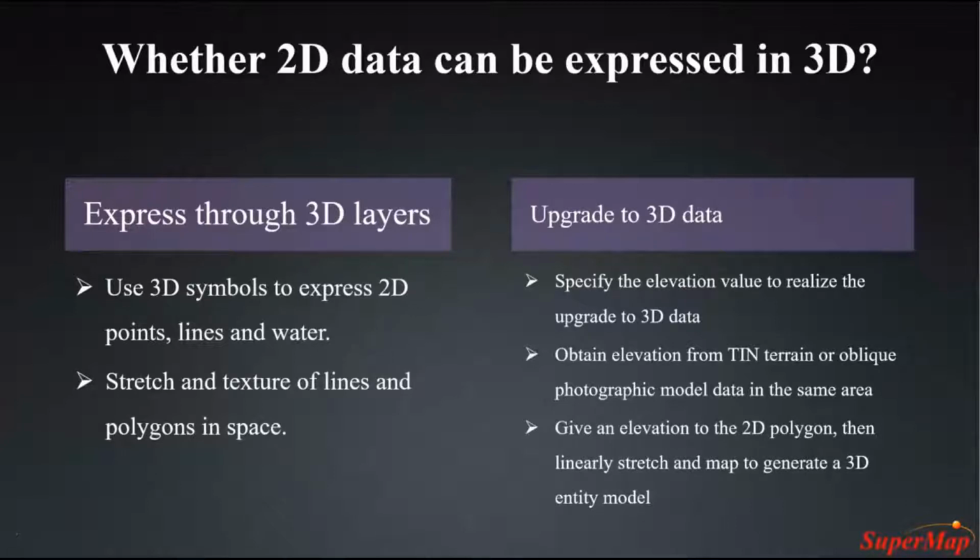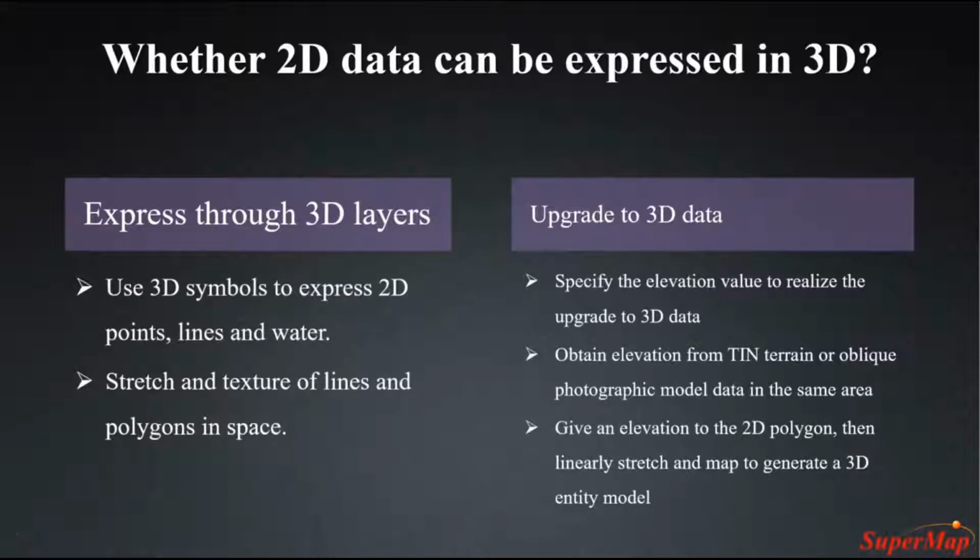So if the existing 2D GIS data can be extracted, converted, or reorganized to establish the 3D visual environment, then the 2D GIS data is undoubtedly a rich and low-cost data source.